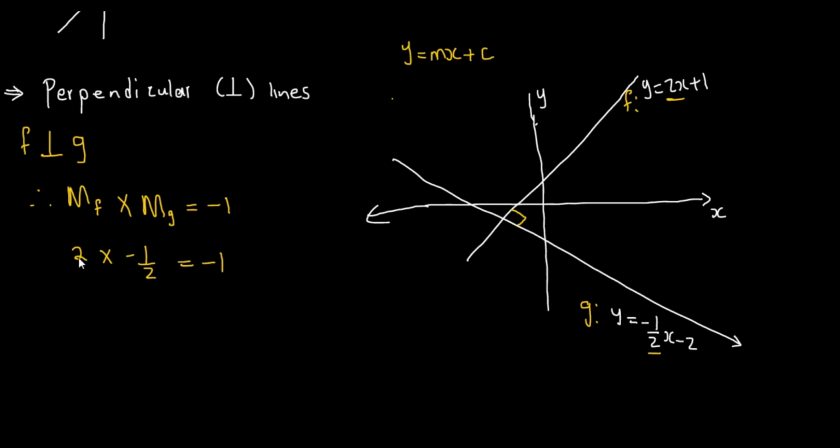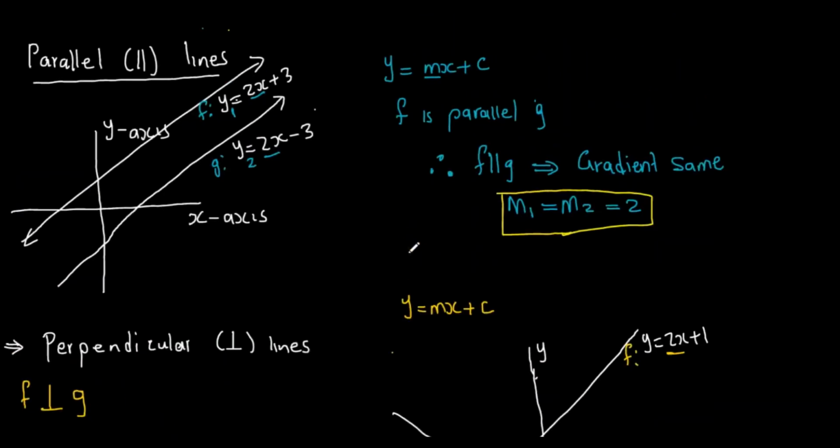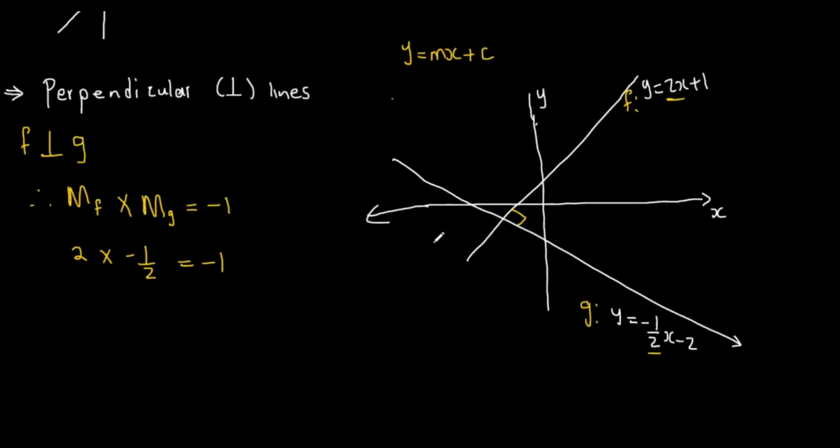So the gradient of f multiplied by the gradient of g gives minus 1. That's what you need to understand. So if lines are perpendicular, the product of their gradients is minus 1. And if lines are parallel, their gradients are equal. You'll see how to use these things to solve problems. So please make sure that you note this down and you understand the theory behind the perpendicular lines.